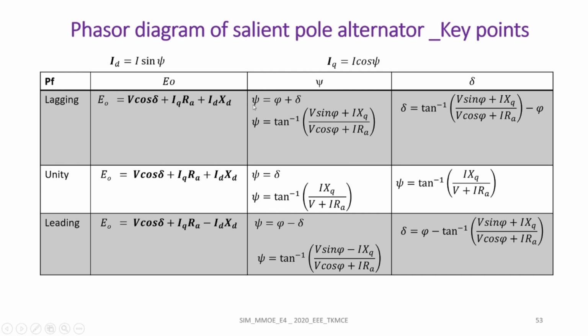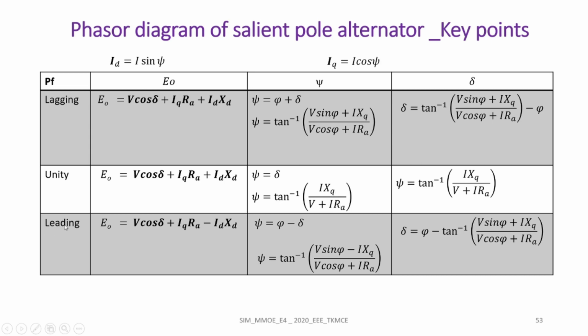and corresponding to lagging power factor case, the different angle relations are psi is equal to phi plus delta, and delta can be obtained by means of this equation. Psi is equal to tan inverse V sin phi plus I XSQ divided by V cos phi plus I into RA, and corresponding to unity power factor angle psi is equal to delta, which is obtained as tan inverse I XSQ divided by V plus I into RA.